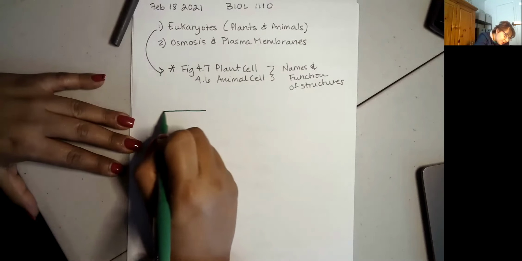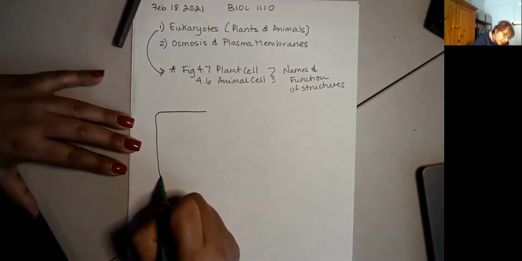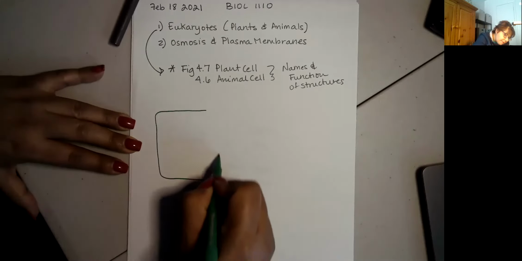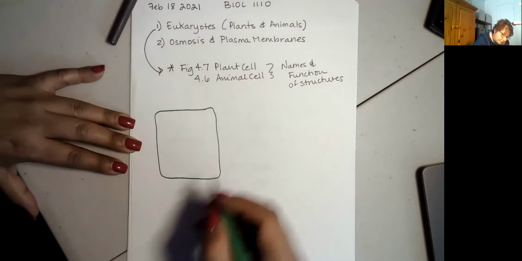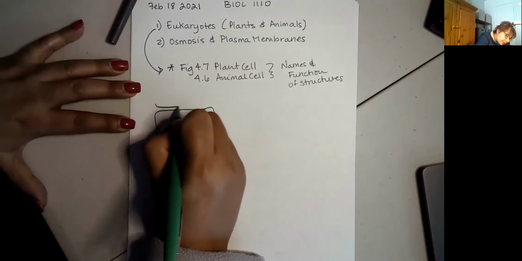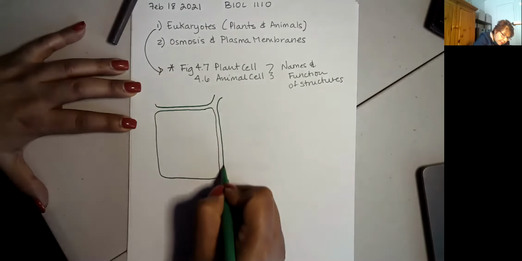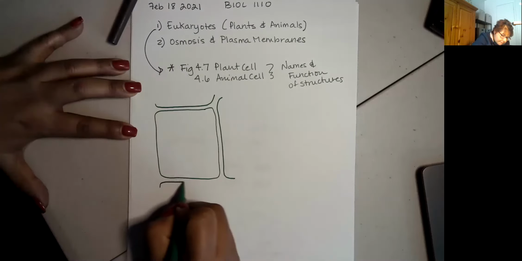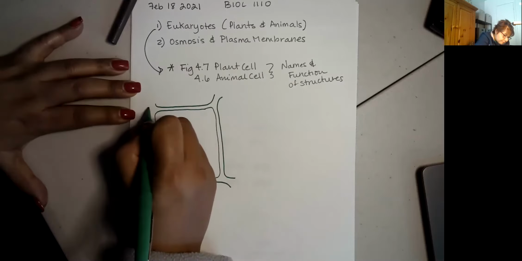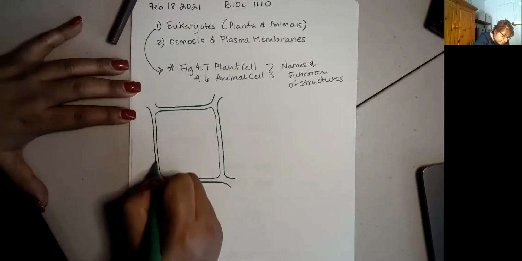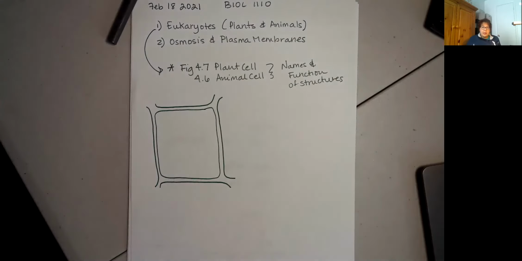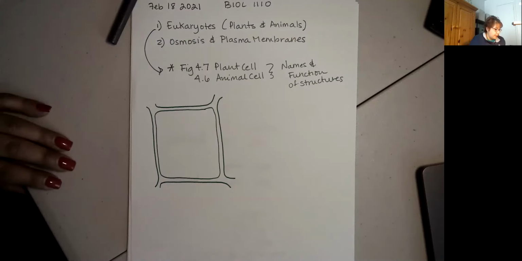My plant cell, I'm going to draw it kind of squarish. And then I'm going to give it a little thingy like this. Okay. So here I am drawing my plant cell.